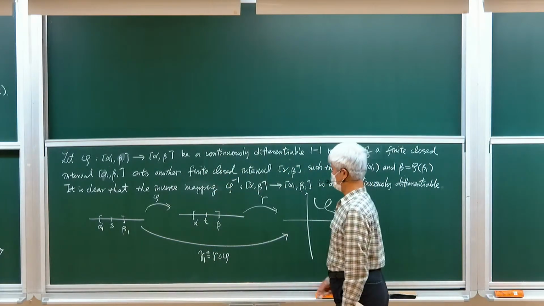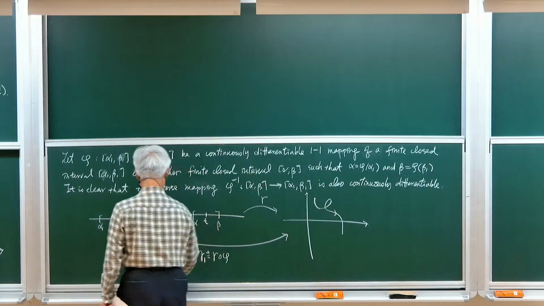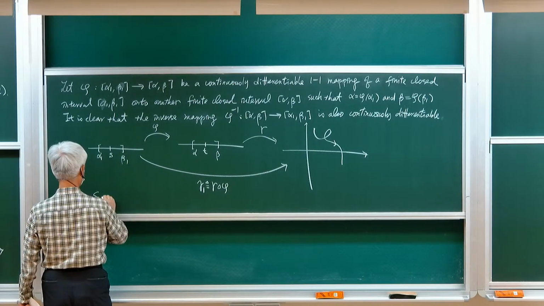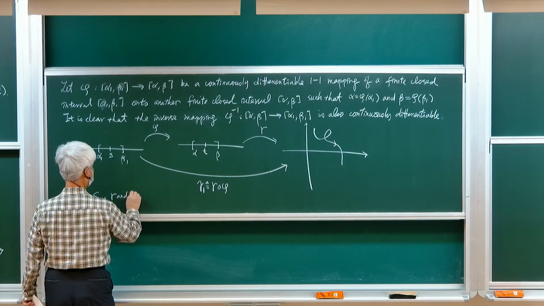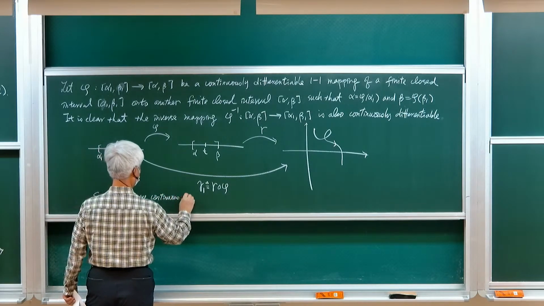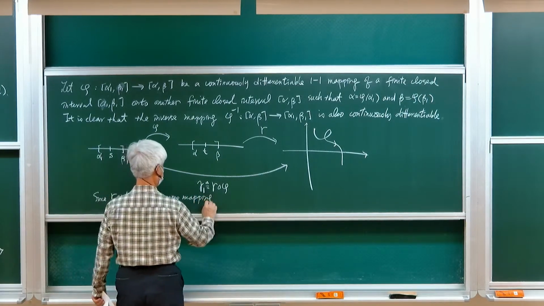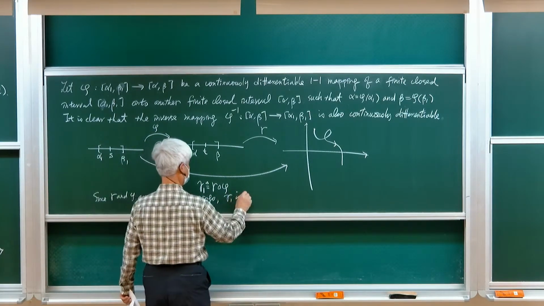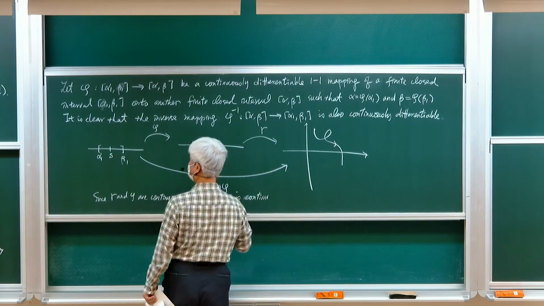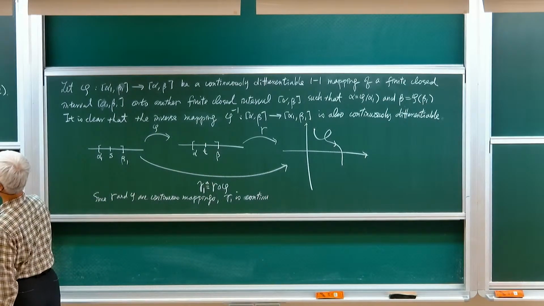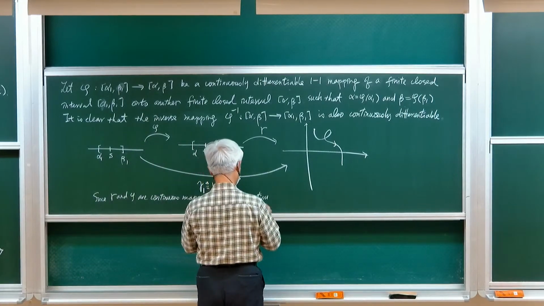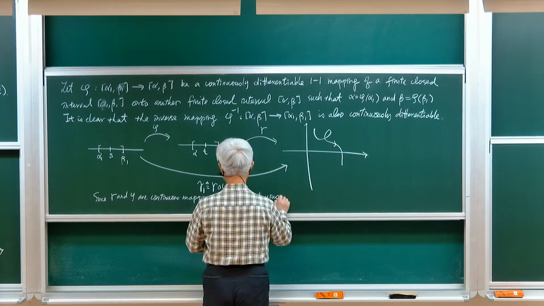So gamma and phi are continuous mapping. Gamma 1 is continuous. Okay, so it's also continuous.